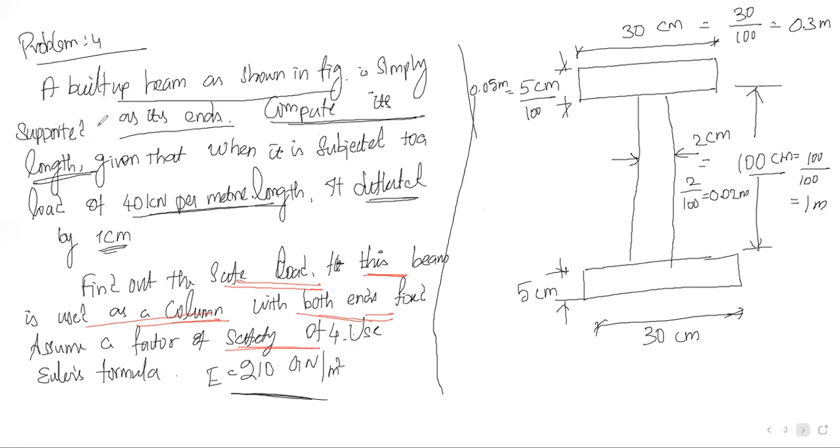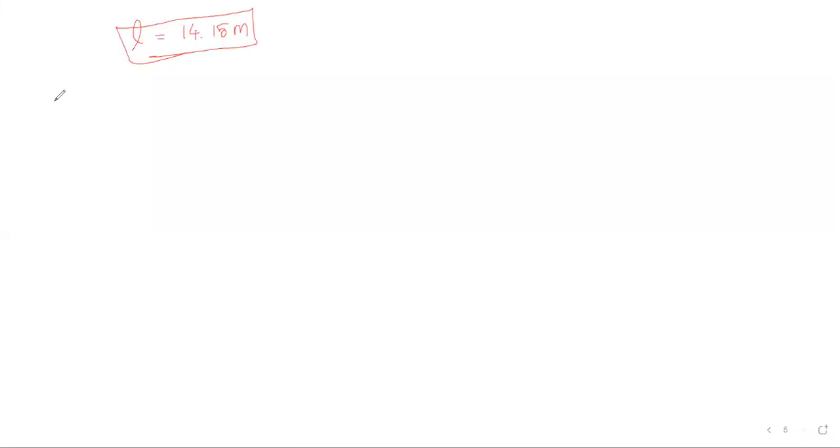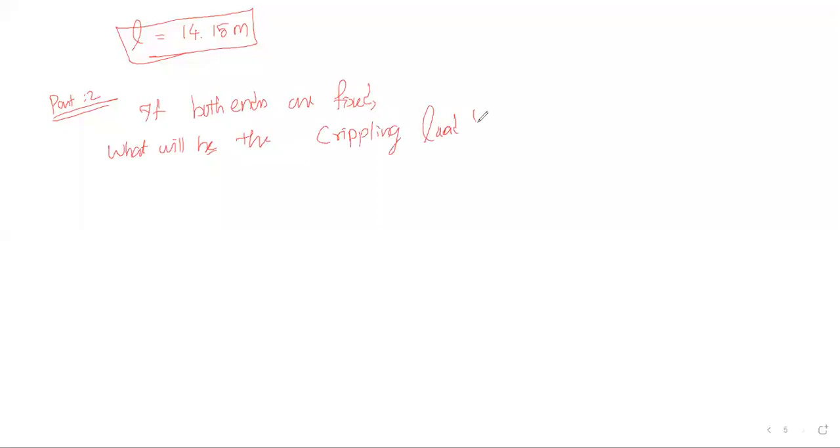Now we can go for this. So second part, if both the ends are fixed, then what will be the crippling load value and safe load, that we have to find out.